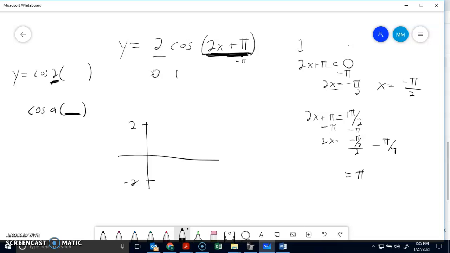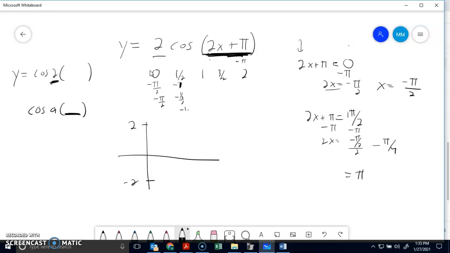So then set up, here's my key points, 0, 1/2, 1, 3/2, 2. And I'm going to subtract pi from each and then divide by 2. So negative pi divided by 2 is negative pi over 2. And then subtract pi from this, or subtract 1 pi. 1/2 minus 1 is negative 1/2.